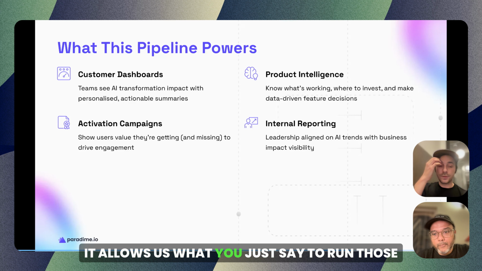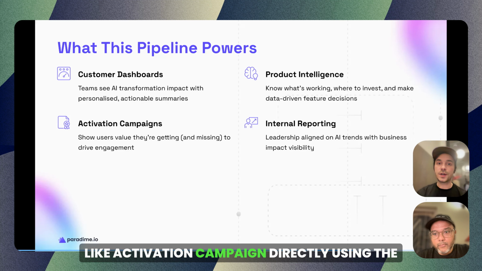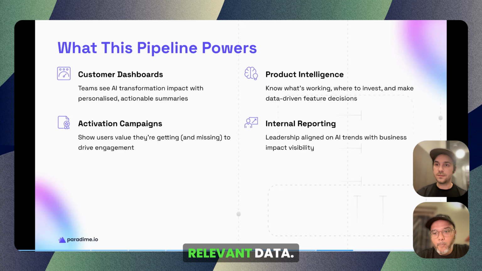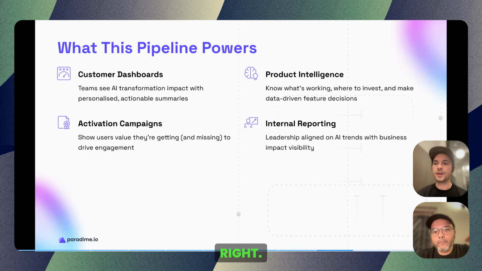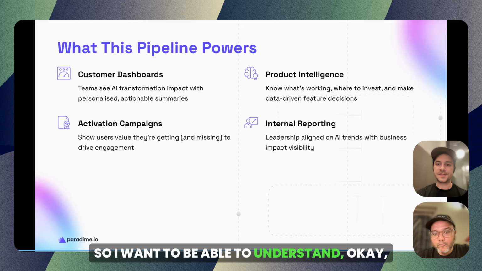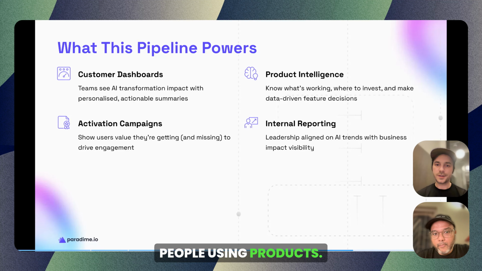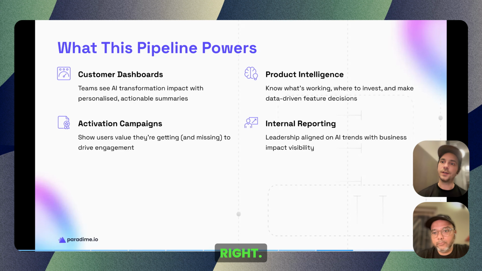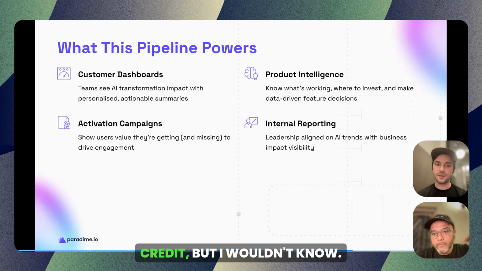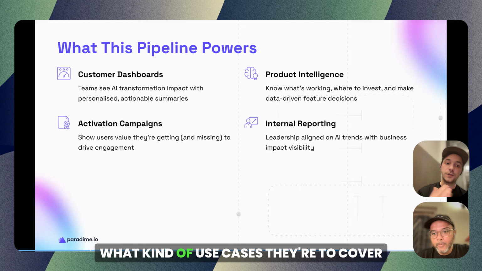It allows us, as you just said, to run activation campaigns directly using the relevant data. But it also allows our own internal reporting, right? I want to understand that people are using the product, it's great, but how are they using it? What kind of AI features, what are they actually using with Dynamo AI? I can see that they're spending X amount of credit, but I want to know what kind of use cases they're trying to cover there.